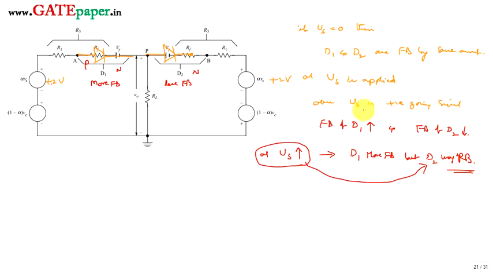The same is true whenever Vs is a negative going signal. By that time, forward bias across D1 reduces and forward bias across D2 increases. At the instant when D1 becomes reverse biased, that is the limit where it can act as a bidirectional sampling gate. So we assume that one.